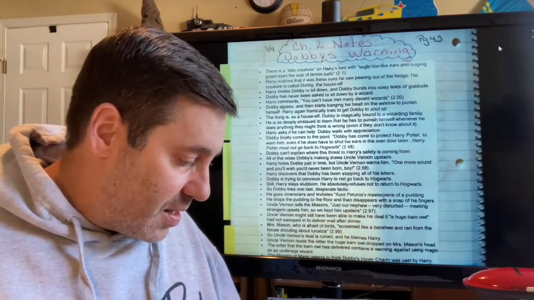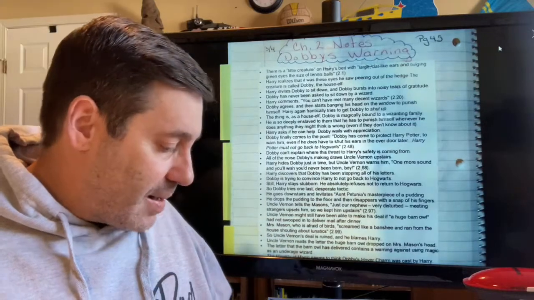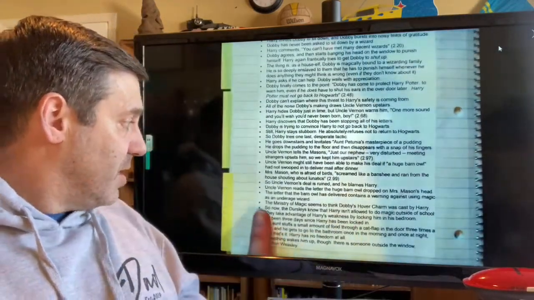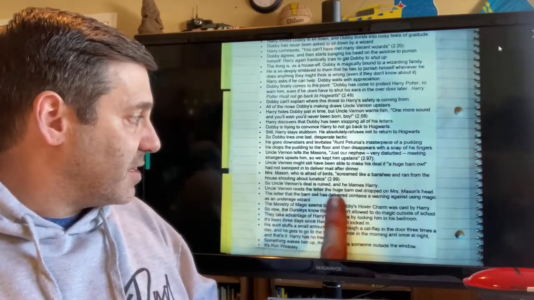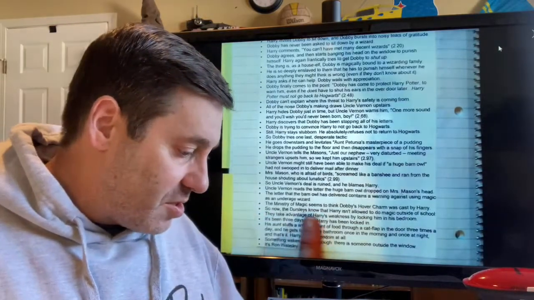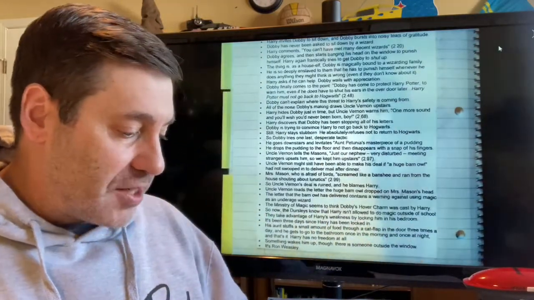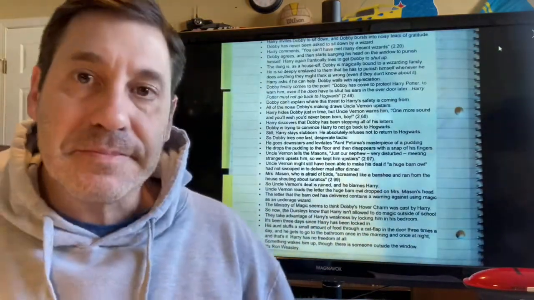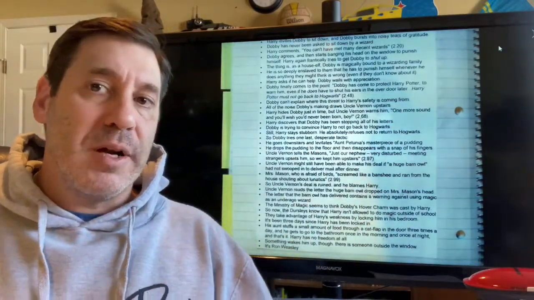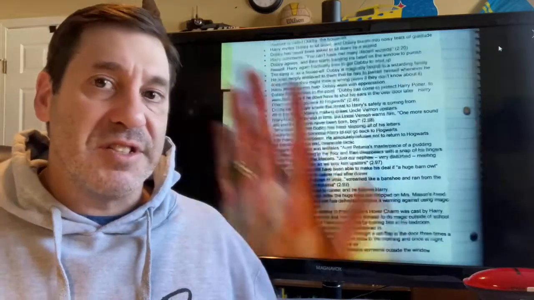You can see here in my notes, towards the bottom, where the Ministry of Magic thinks that Dobby's hover charm was cast by Harry, and so now the Dursleys know that Harry isn't allowed to do magic outside of school. I know that those notes are very small and you can't read them, but you should be writing your own notes anyway. My notes are simply here to show you, again, as an example.